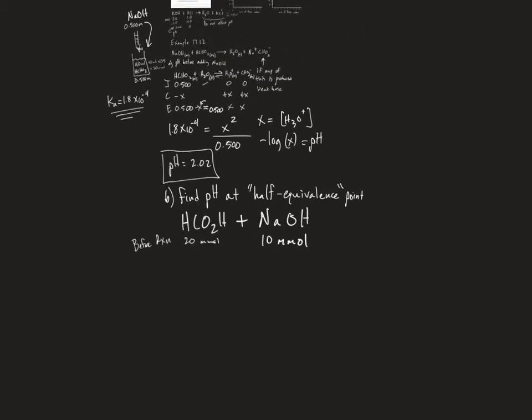Now remember, we have some products here that are important. We're going to get water, and we're going to get the sodium formate. Oh, I'm missing an H, aren't I?